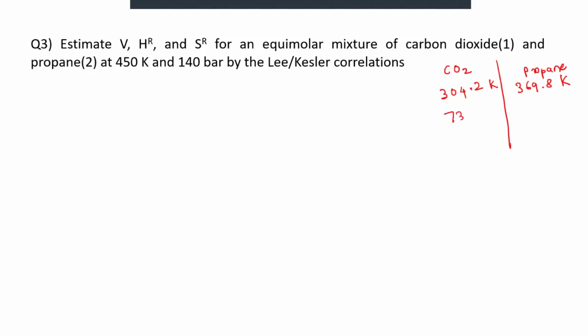And here 73.83, this is 42.48, sorry, this is bar. Bar. And omega is 0.224 and it is 0.152. So using these, by using the above relations, we get omega is equal to, so here equimolar mixture is there, so 0.5 into summation.